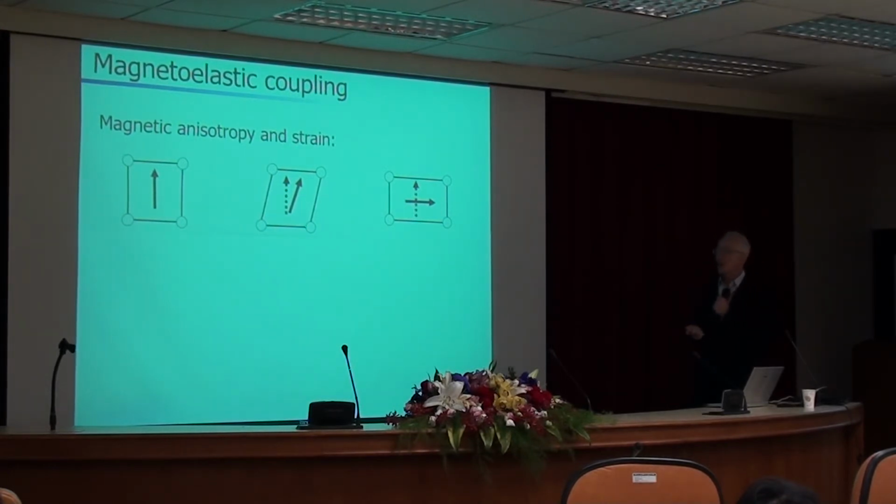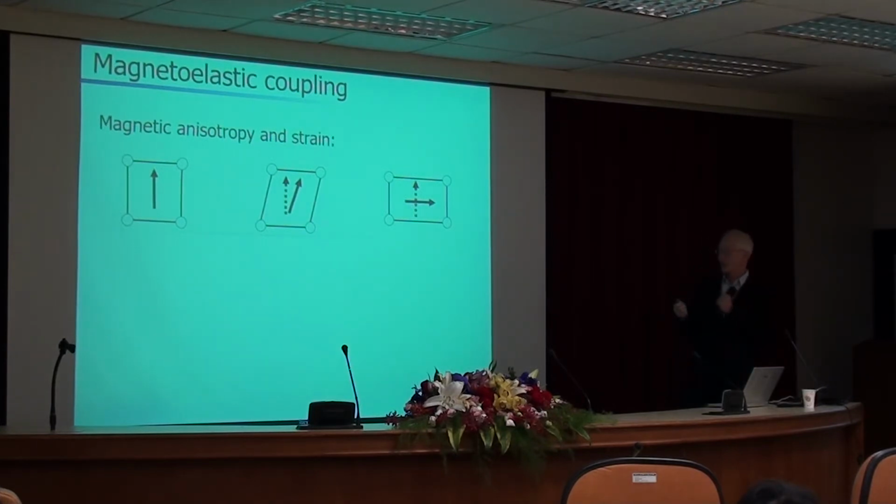Right? We know that magnetism is locked to the lattice by spin-orbit interaction. This gives you the magnetic coercivity. Right? So that means also that if you deform the lattice, then the equilibrium magnetization will change.